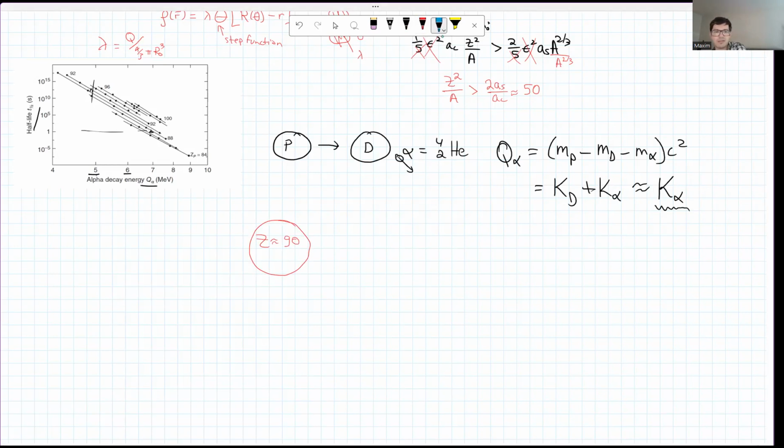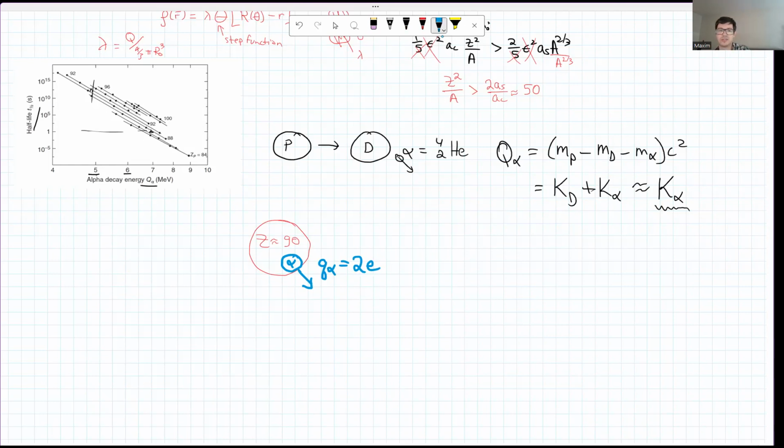Apparently, an alpha particle pops up in here and gets shot out. Now we know the alpha particle has a charge, Q alpha, of 2 times the elementary charge.